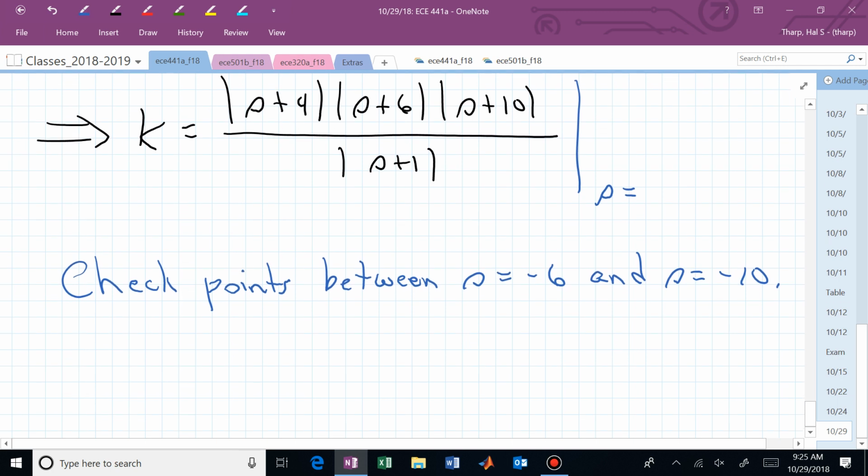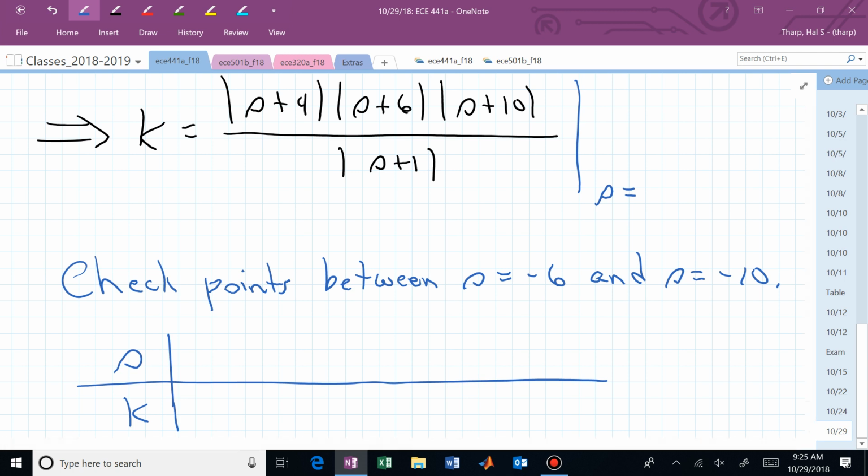You could simply create a table of numbers, and it could be guess and solve for k, and see where I observe a relative maximum for k based on what value of s I put in.